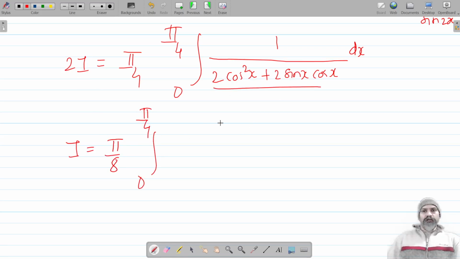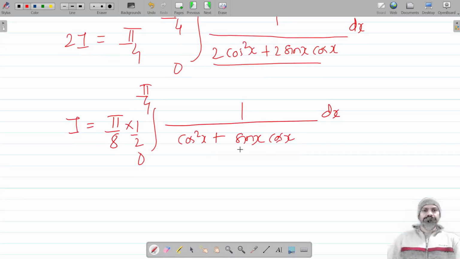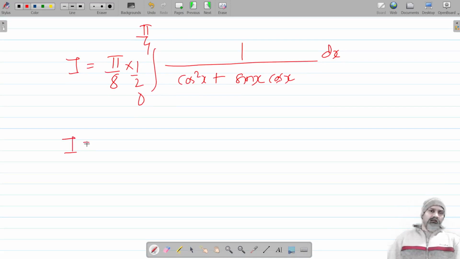Let's take 2 common in this. So finally this is 1 upon cos square x plus sine x into cos x into dx, and this is now I is equal to pi by 16, 0 to pi by 4. Now let's divide each the numerator and the denominator by cos square x.